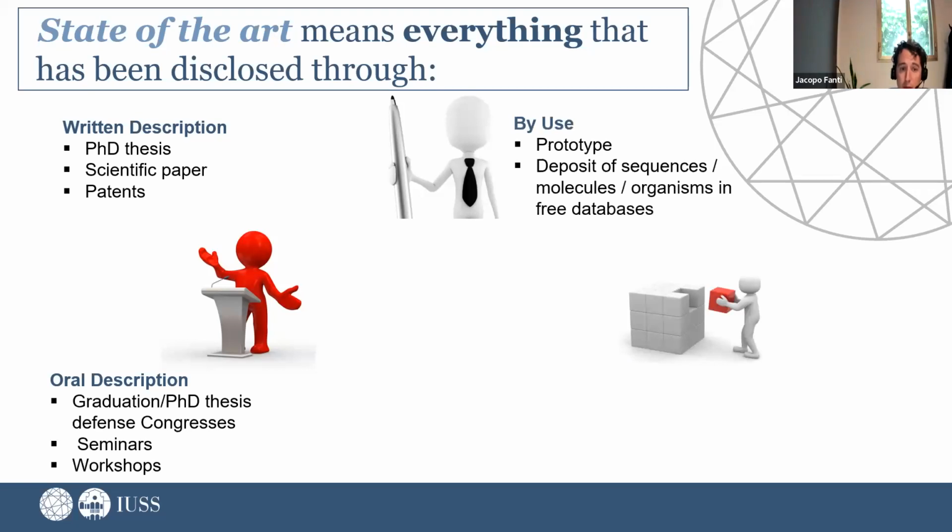And also by use: if you have a prototype of your technological solution and you show the prototype to a third party, that could be a company, for example, because you want to receive some feedback about your prototype, well, in that case, this is a disclosure made by use. And so this disclosure constitutes state of the art. So also in this case, you could not be able to file a patent application since you already presented your invention to someone. This is very important.